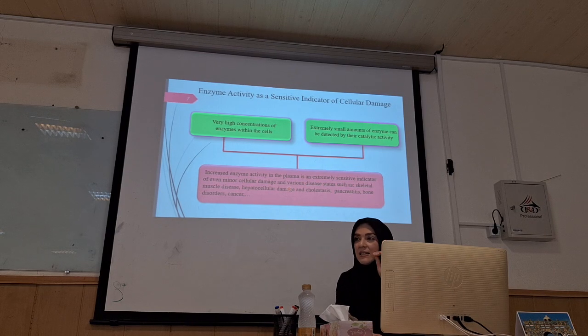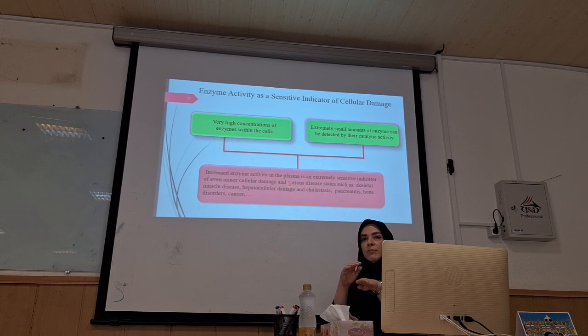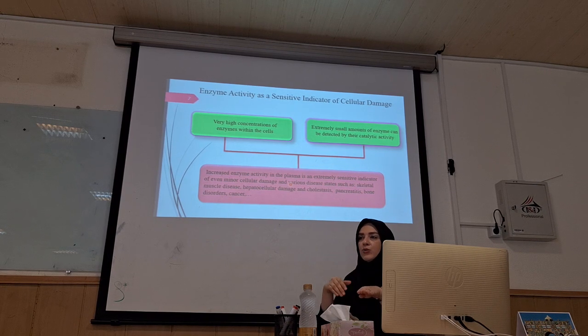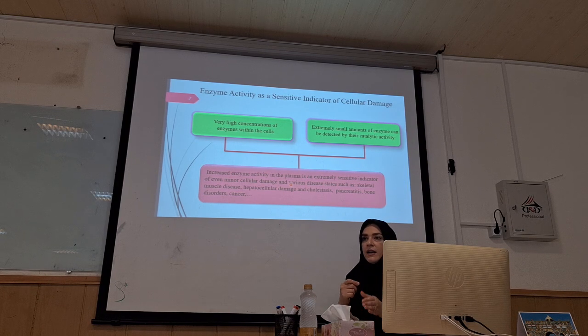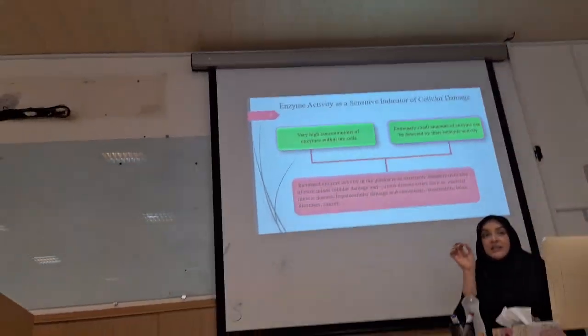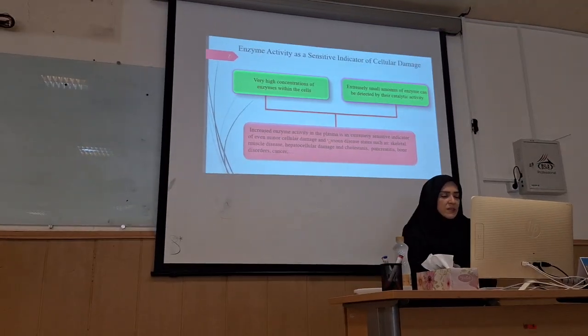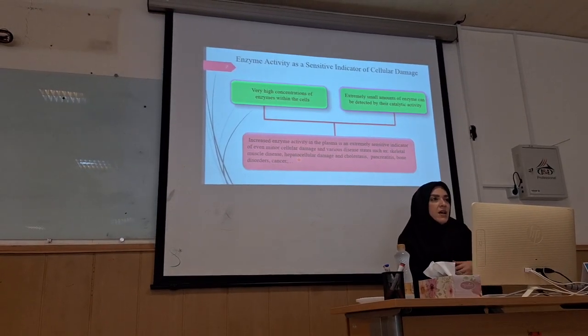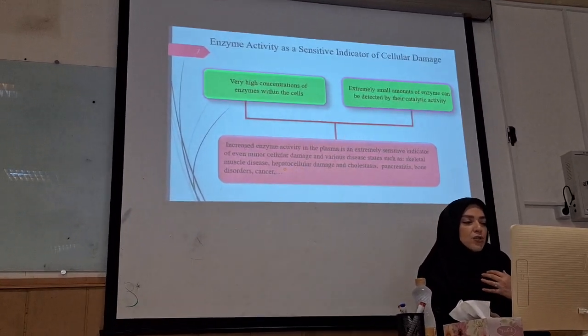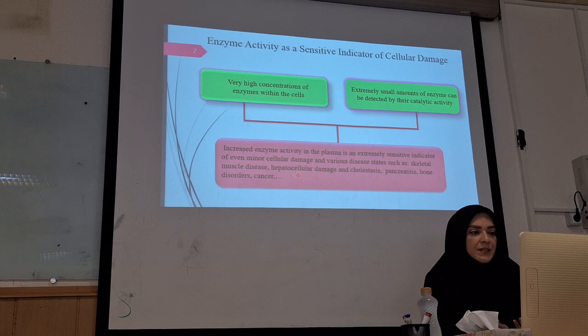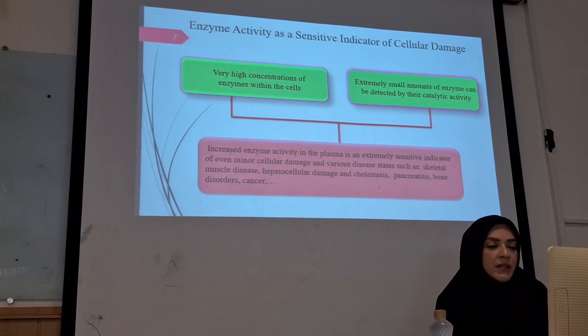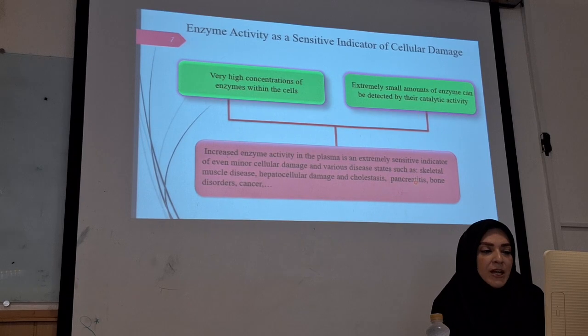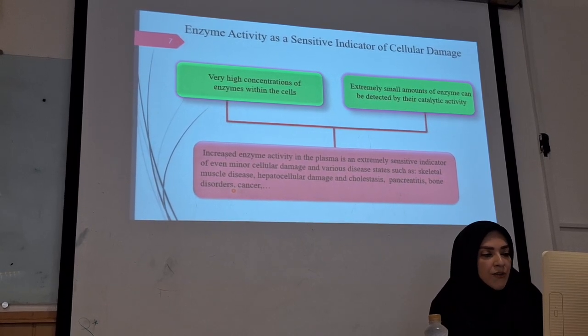Even a small injury or small cellular damage can alter the normal range. For example, the normal range might be 30 to 100, and you measure the enzyme activity and it is 300. It means that there is some tissue damage. In this way, you can determine problems such as damage to liver cells or hepatocytes, liver cholestasis, inflammation of the pancreas, some disorders of the bone, and so on.